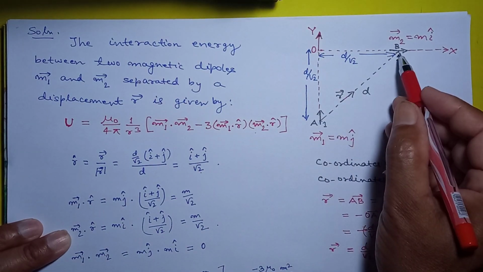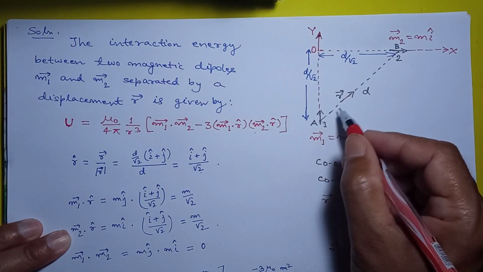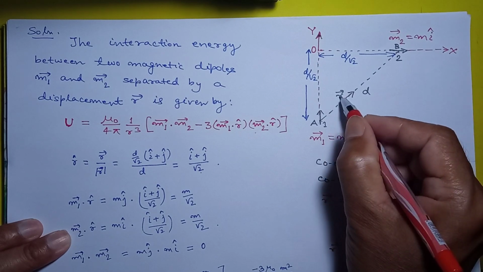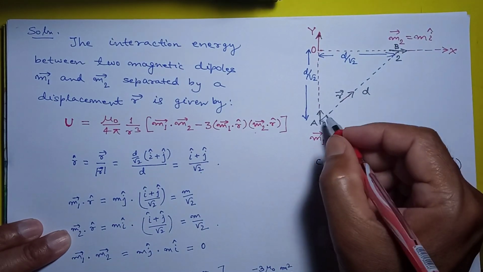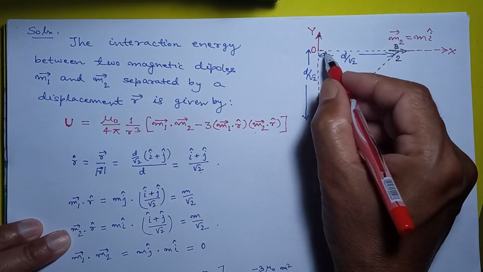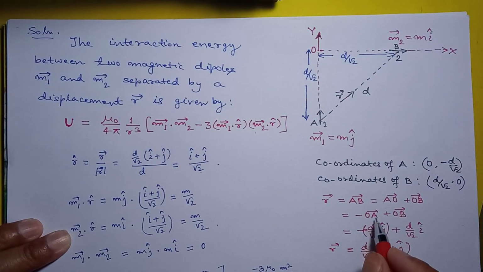The position vector of dipole 2 with respect to dipole 1 is vector r. Here we have written vector r. So vector r is vector AB, and that is vector AO plus vector OB, and vector AO is minus of vector OA plus vector OB.